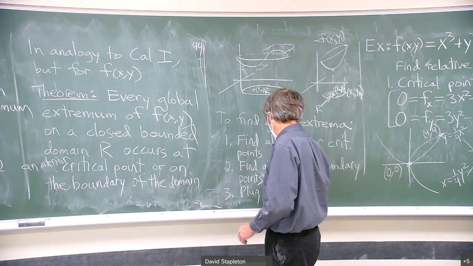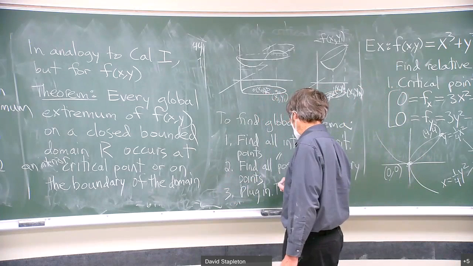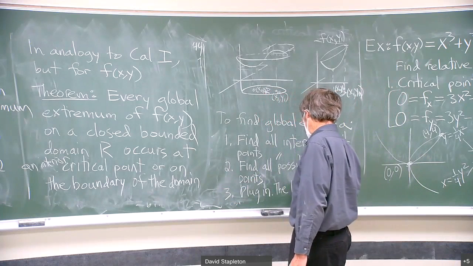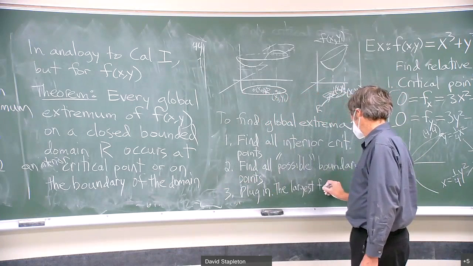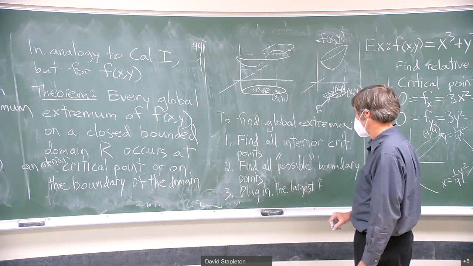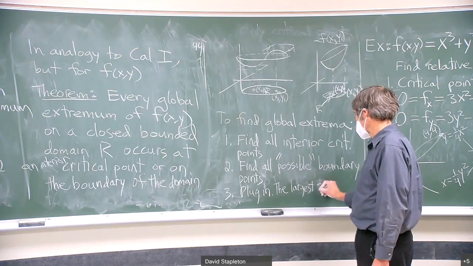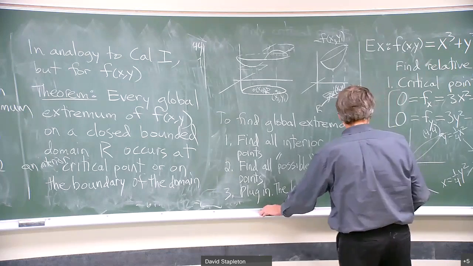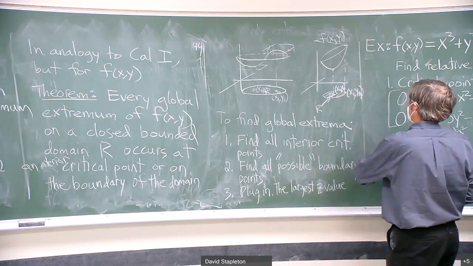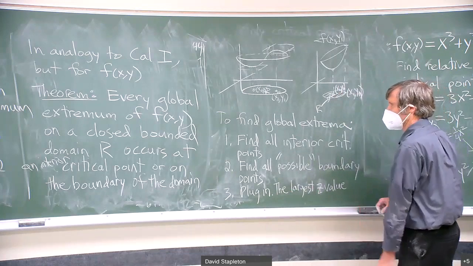Because according to that theorem, the largest z value by plugging all these in is the global max. The smallest is the global min, right? Because the theorem actually says more than this.